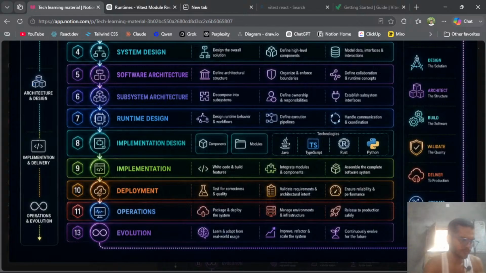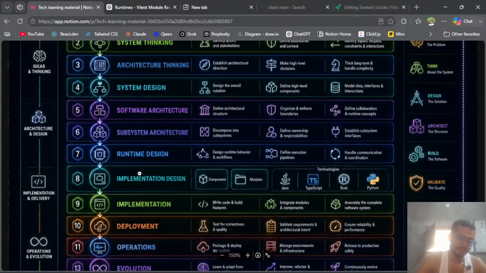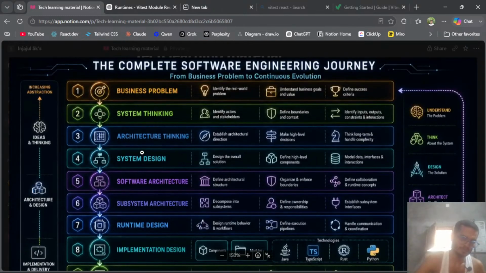But in a real-life code base, it's very big and complex, because a lot of things are being assembled. So if you are at a junior level, your role is just implementation, or somehow implementation strategy. Then we have a business problem. That concern belongs to the business expert, but it's very important.